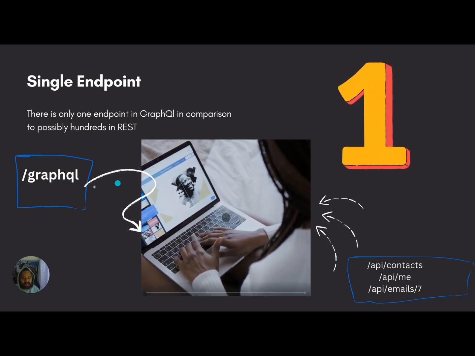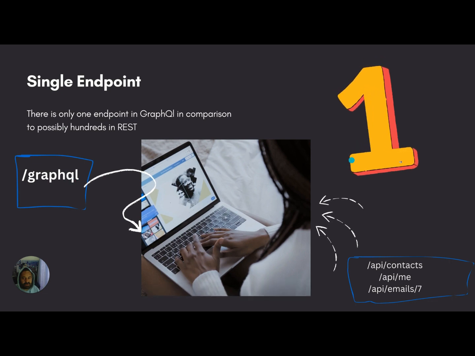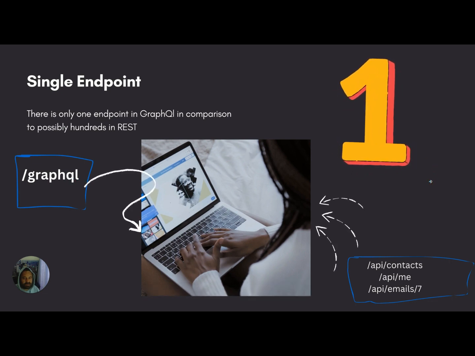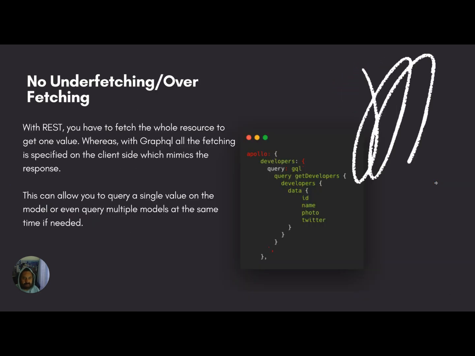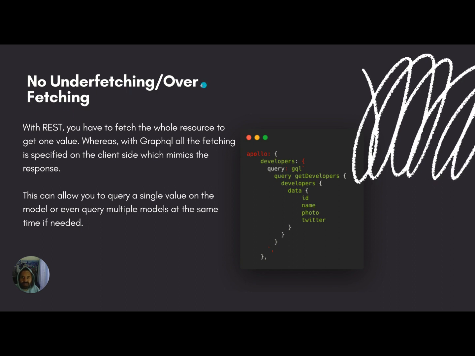It will always work once the schema is defined. And if there are any changes on the backend, you need to worry less about the backend stuff when you're working on the front end with the GraphQL API because of the single endpoint.